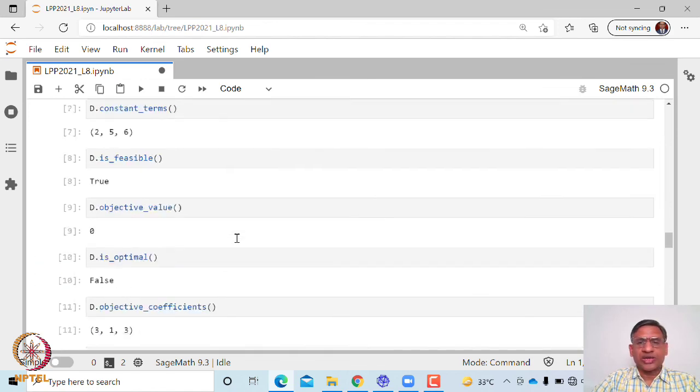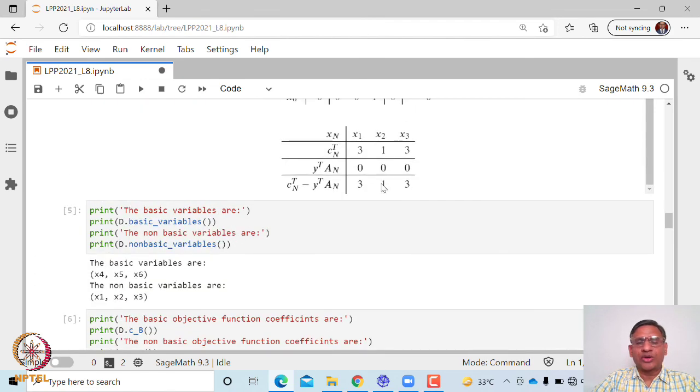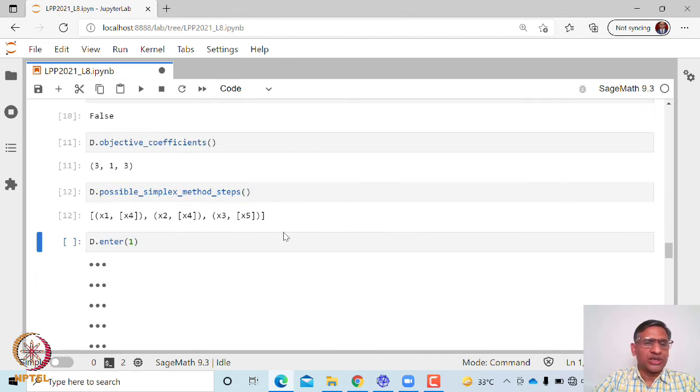One of these is going to be the entering variable. In principle we can enter any one of these, but let us choose x1 to enter. If I say x1 is the entering variable, d dot enter is equal to 1, which is the same as manually saying you take x1 as the entering variable.